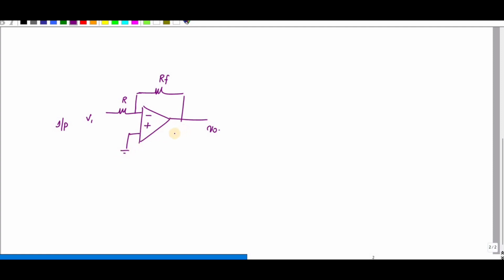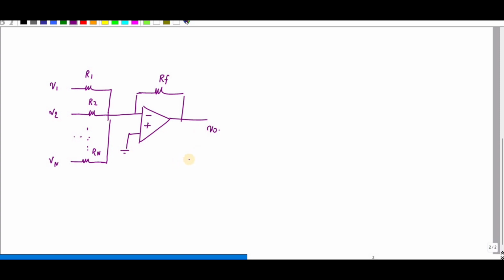Since this is an extension of it, I am going to add several resistances, and I can name the inputs V1, V2 and Vn. So this is your summing amplifier.